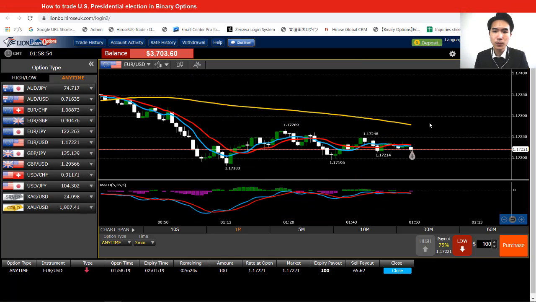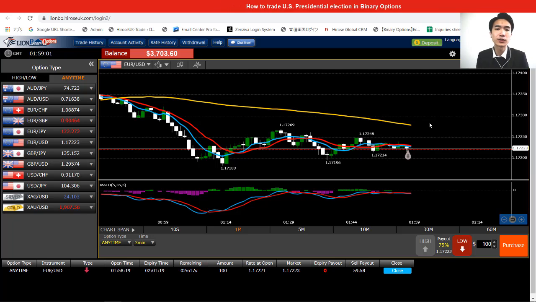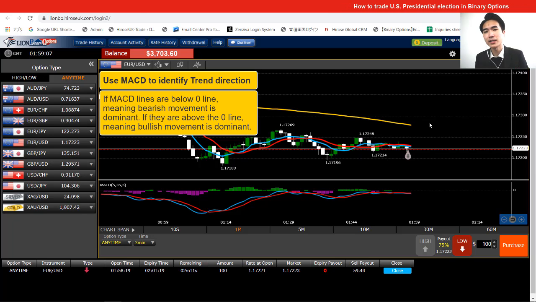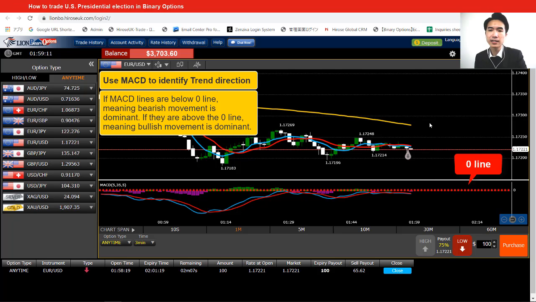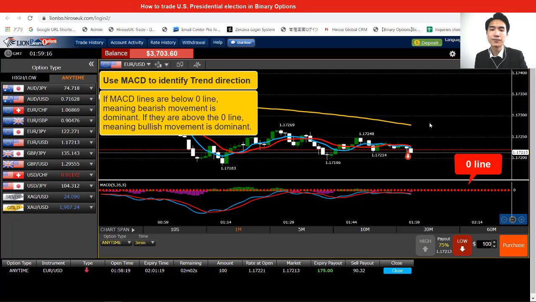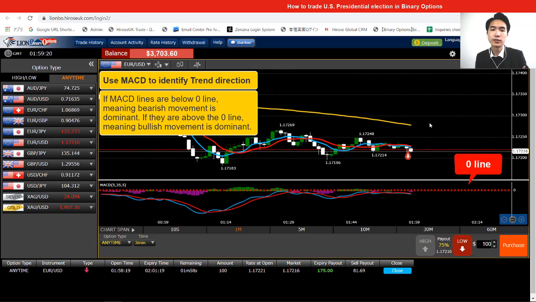I just want to talk about one thing that I haven't mentioned previously in regards to the MACD indicator. You can actually use the MACD to tell the trend direction as well. You see that zero line there? That is how you can tell whether the market is dominated by bullish movement or bearish movement.